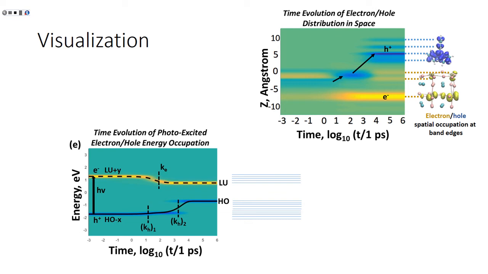I'm not too familiar with what an electron hole distribution means. Can you go over that really quickly? Sure. By that I mean, I'm talking about distribution in space. So it's like your CompChem orbitals. It's like where your charges are in time.